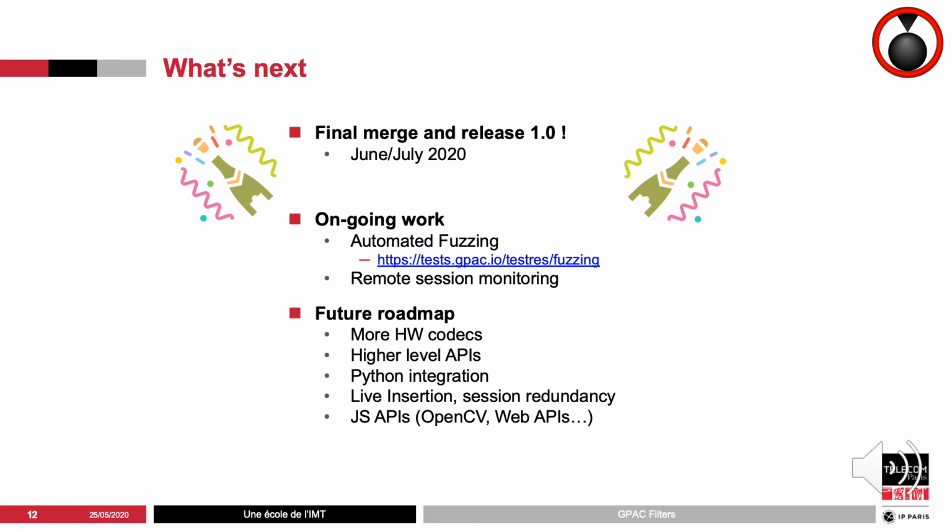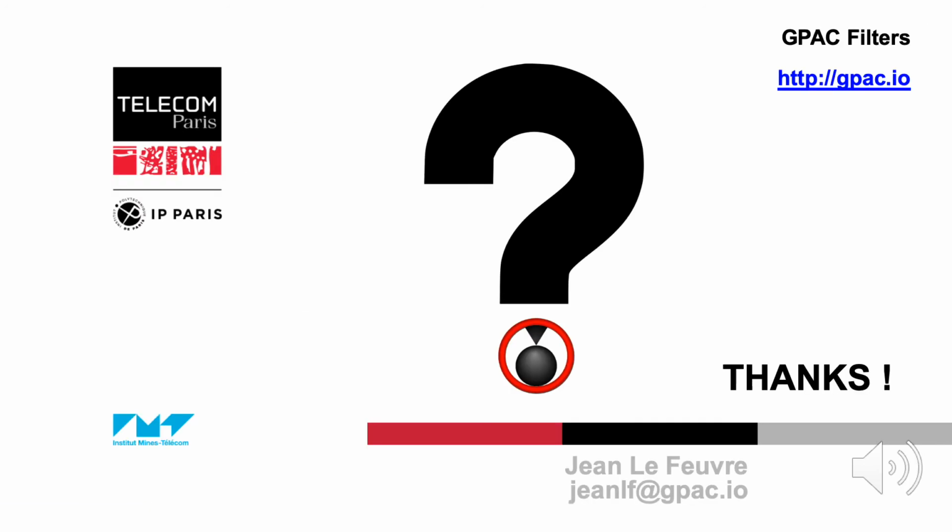And we also started working on remote session monitoring so that you can check the session status from a web browser. Our future roadmap includes support for more hardware encoders and decoders, higher level API. We actually want to work on Python integration quite soon, and we're planning to work on live ad insertion and session redundancy as well.